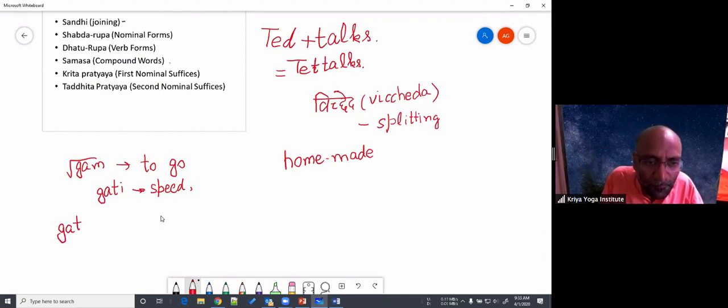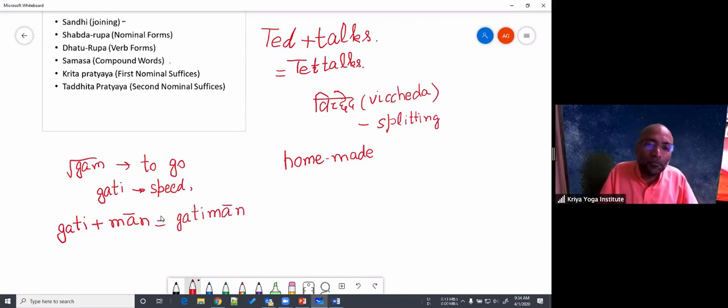So gati, and I can add a suffix called man, and it becomes gatiman. Gatiman means a person who is in motion, a thing which is in motion. So another noun is created, and that's how you see that second nominal suffixes are derived.